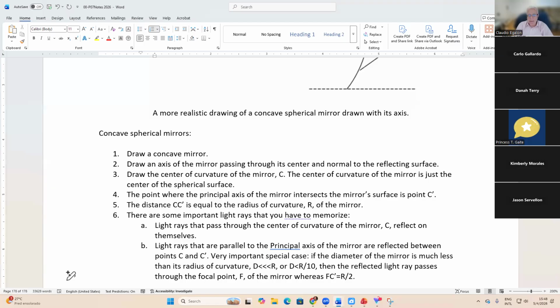Can you remember that? Or even better, FC prime is going to be equal to FC, which is half R. Okay?